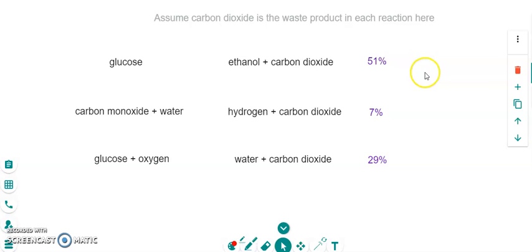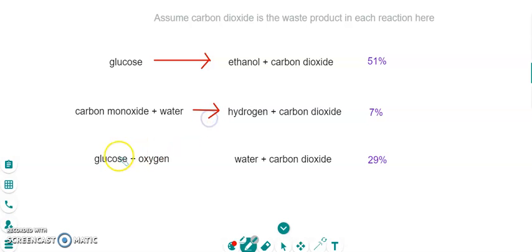Let's look at these reactions. Glucose goes to ethanol plus carbon dioxide. Carbon monoxide plus water goes to hydrogen plus carbon dioxide. Glucose plus oxygen goes to water plus carbon dioxide. 3 separate reactions.